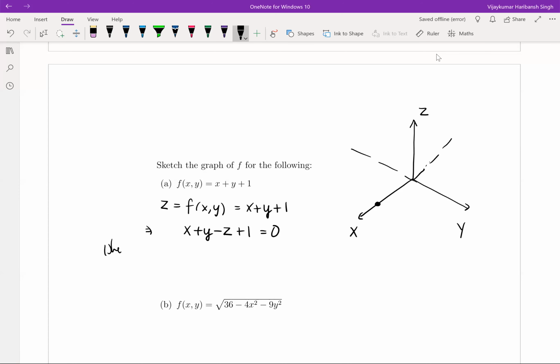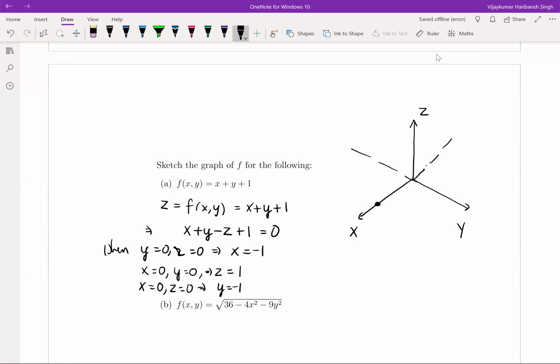Similarly, when x and y are 0, we get z equals 1. And when x and z are 0, this gives us y equals negative 1.